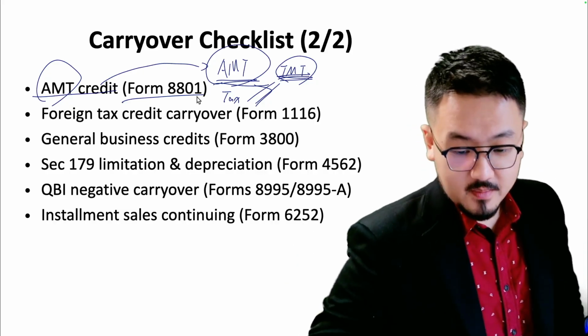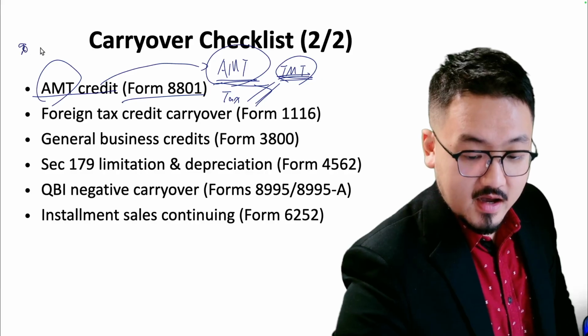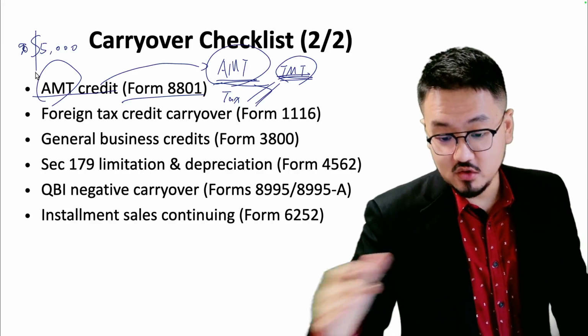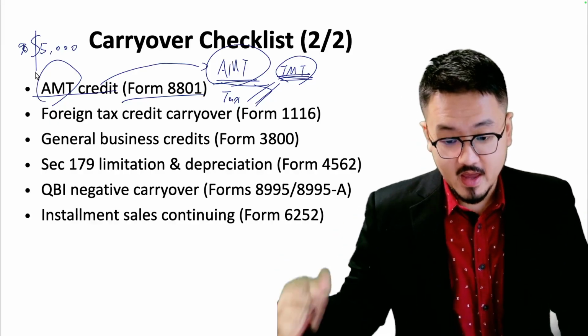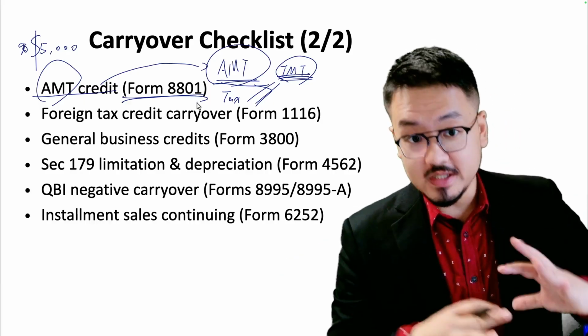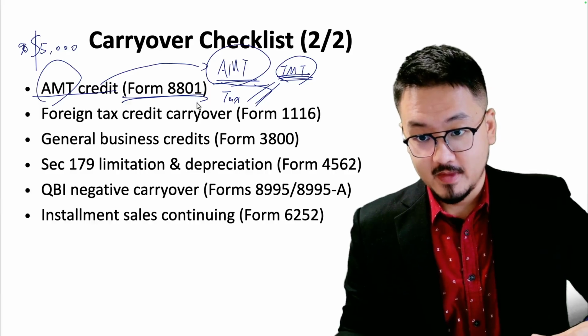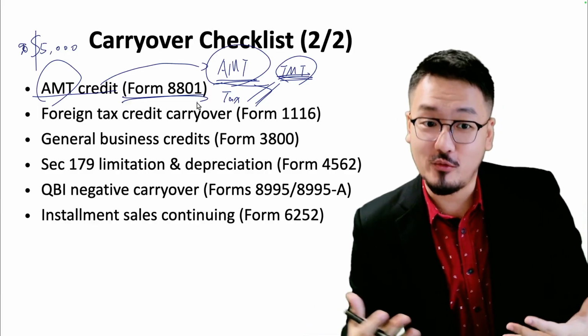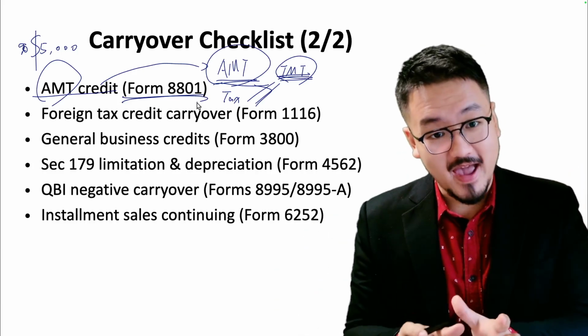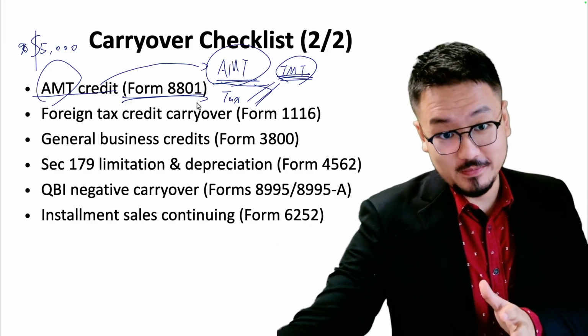Say you got this $5,000 and carried it to this year; you fill that in on Form 8801 to use that credit. If there is still a remainder, that's very good. You can carry the remainder forward.